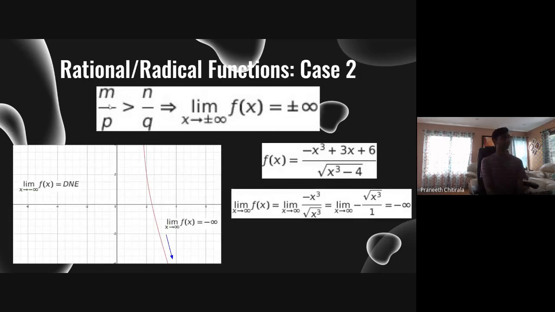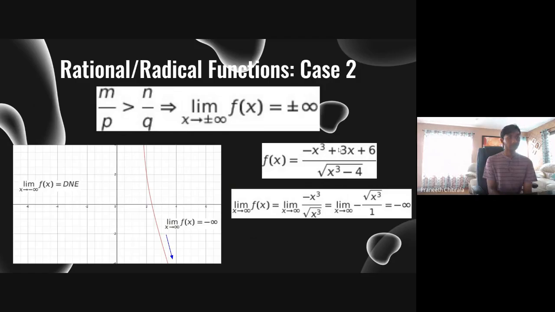Similarly, if m over p is greater than n over q, then this limit will approach plus or minus infinity. So this time we can take out the irrelevant terms and put them into this limit. So the limit as x approaches infinity of f of x equals this term right here, the limit as x approaches positive infinity.